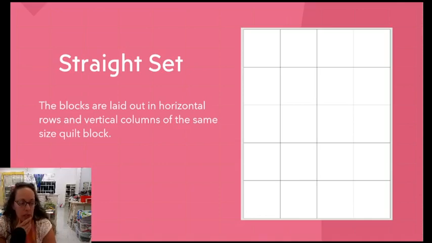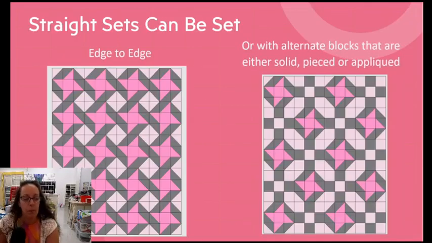You lay out blocks in horizontal rows and vertical columns. Everything is typically the same size blocks. You could have sashing rows of fabric between those blocks, but for the most part, when we're laying them out straight across and straight down, it's what we consider a straight set.